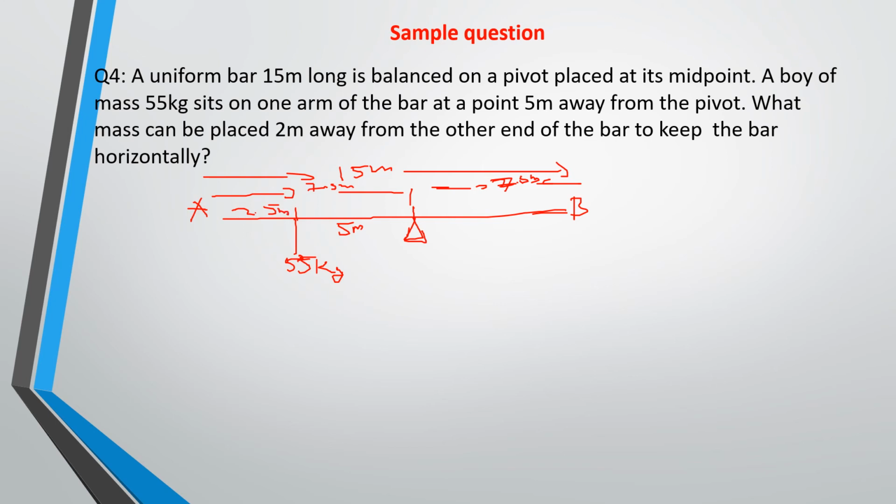I'm trying to interpret the question. A mass is to be placed 2 meters from the other end. So this is the mass, and from the other end it is 2 meters away.